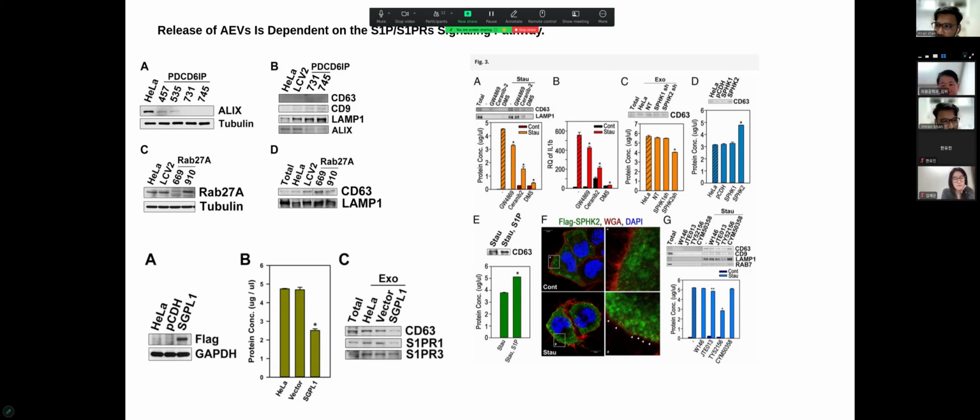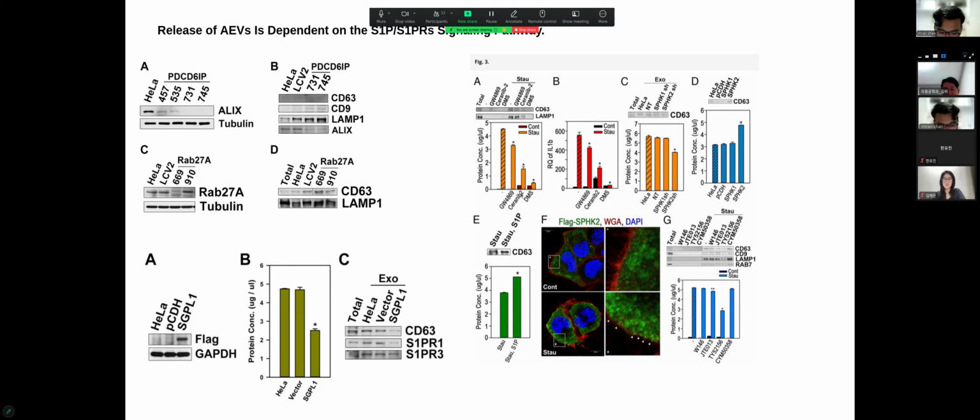You understand? So the three inhibitors are blocking the lipid metabolic pathway from upstream GW to downstream DMS. Okay? So can you explain about this?